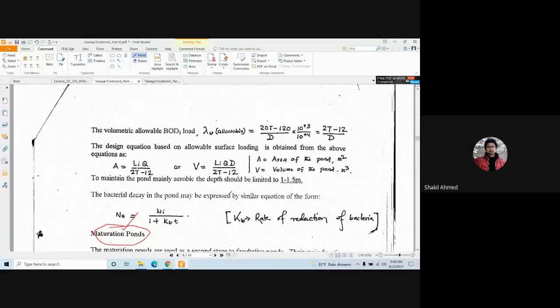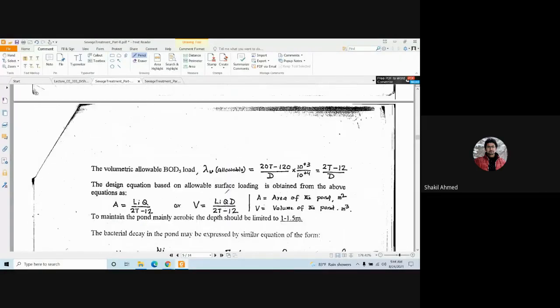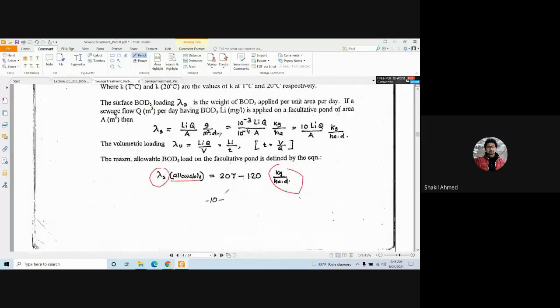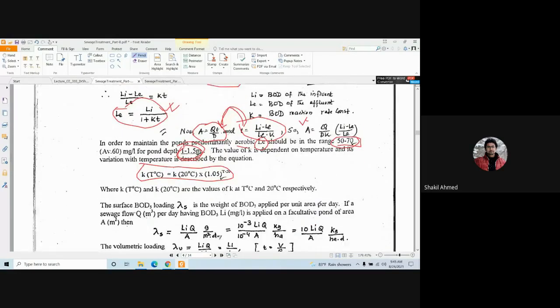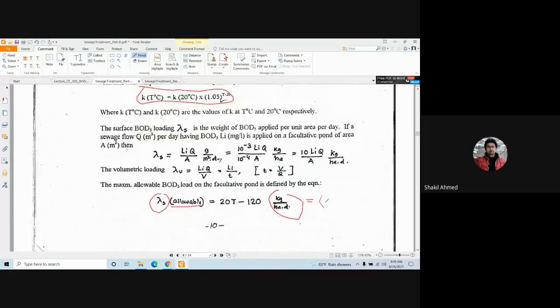Okay. Now let's say the allowable load is 70 here or 60 here, kg per hectare, whatever it is.